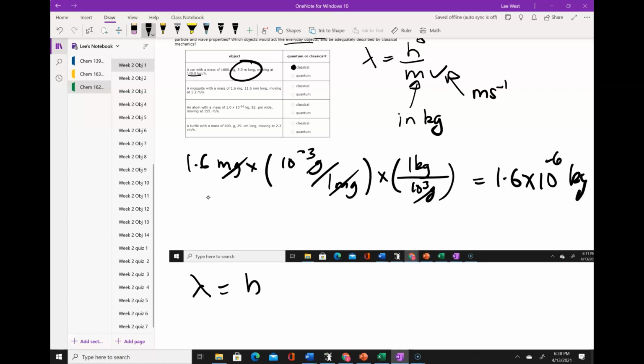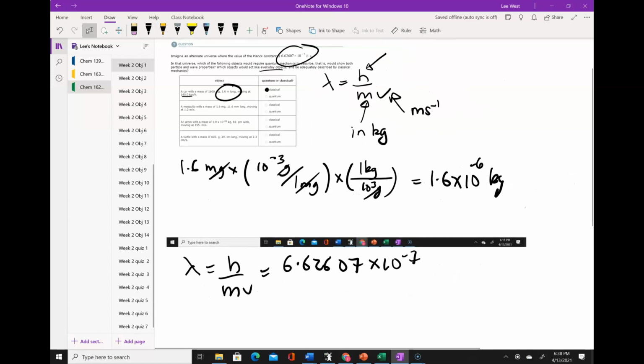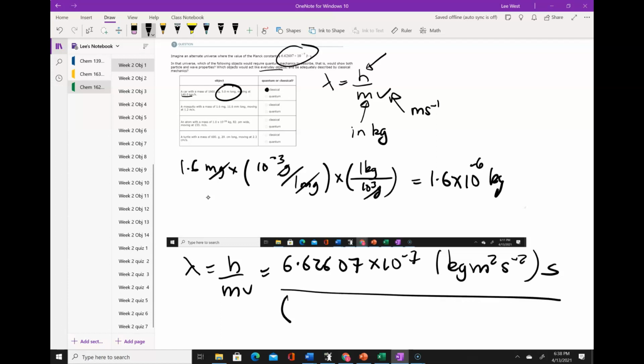So lambda equals h on mv, 6.62607 times 10 to the minus 7 is the value of h that we're using, so it's not the regular Planck's constant, and that is joules, which are kilograms, meters squared, seconds to the minus 2 per seconds, divided by our mass in kilograms, 1.6 by 10 to the minus 6 kilograms, times our velocity in meters per second, which was 1.2 meters per second.